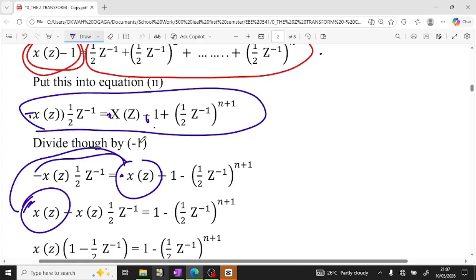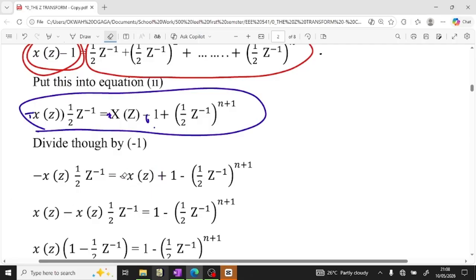So that's why we divided by minus first before moving it to this other side. Of course, this other guy is minus. This one is the one we moved just now. Minus becomes plus. This other minus, x of z, and these guys, they remain there. I hope we are following.